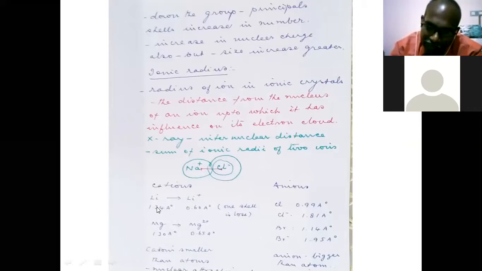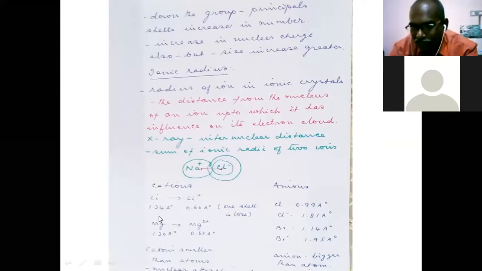The lithium atom is 1.34 angstrom unit in size, but a lithium ion, after the loss of one complete shell, becomes 0.60 angstrom unit. See, the ionic radius is 0.60 angstrom unit and the atomic radius is 1.34 angstrom unit. So the cations are always smaller than their corresponding atoms.